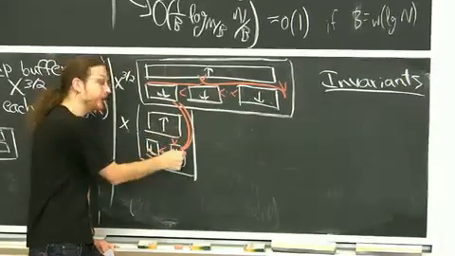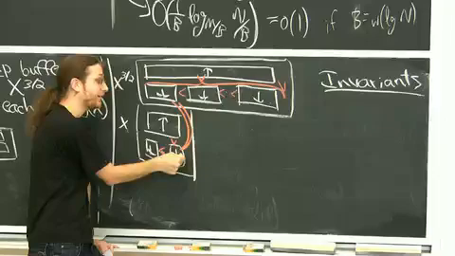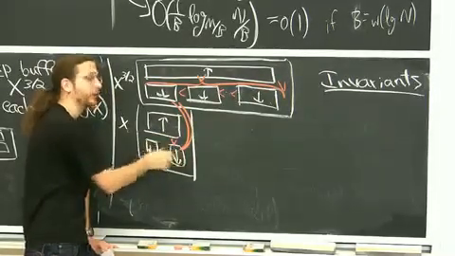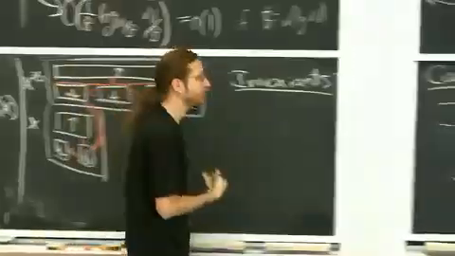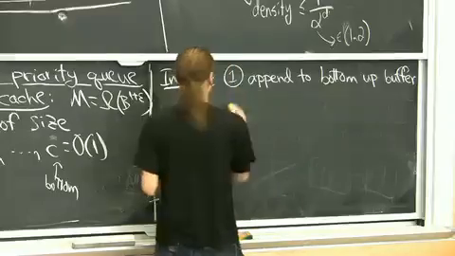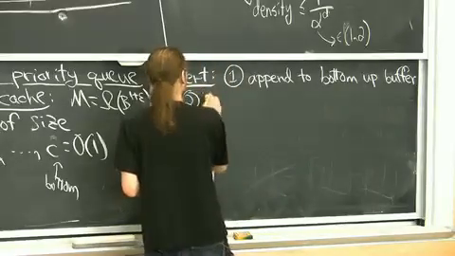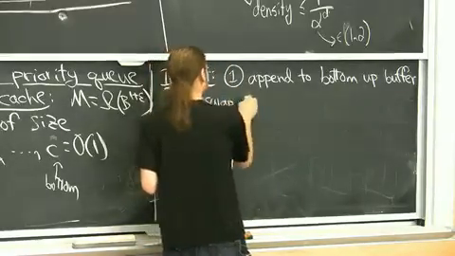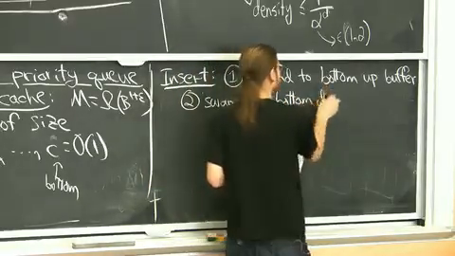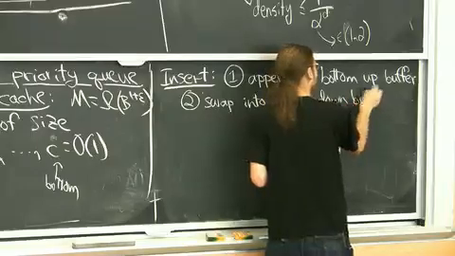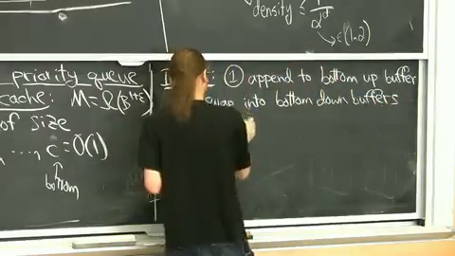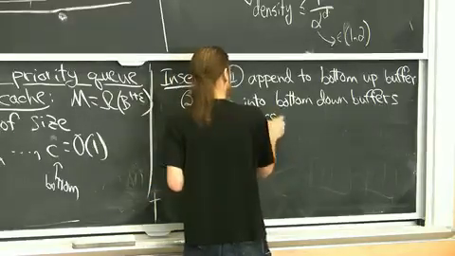As I move the item down here, I swap. So I take the max item here and move it up to here, move the max item from the next down buffer and propagate it up so that I keep these things in order. Swap into bottom down buffers, as necessary.